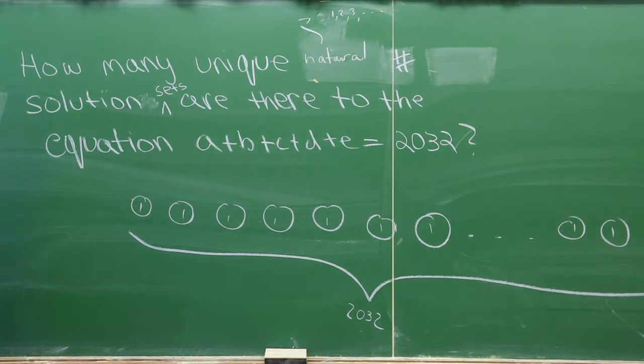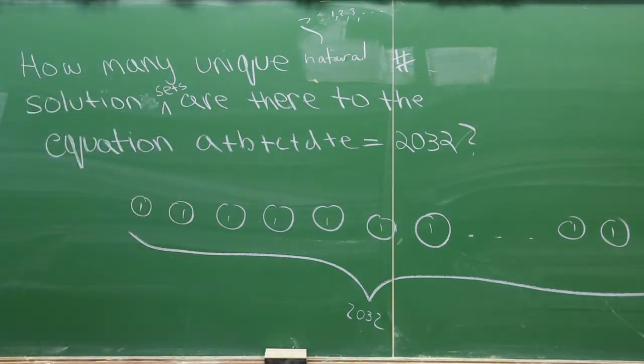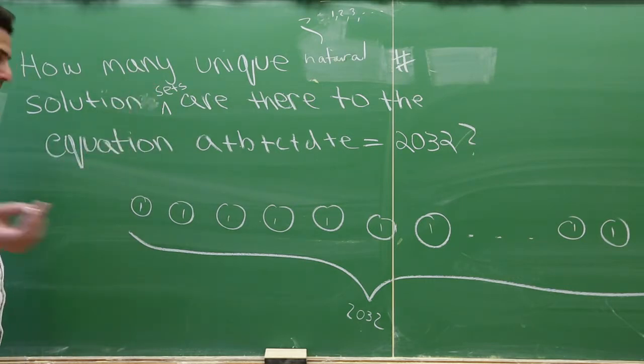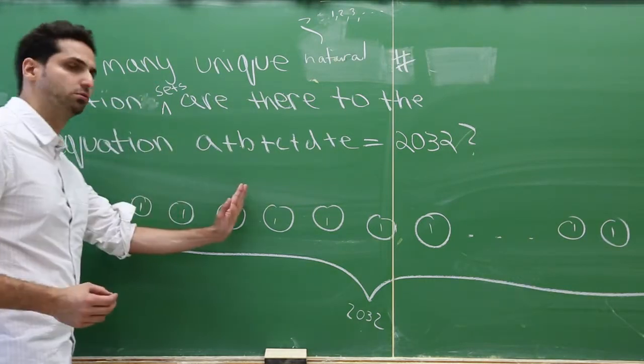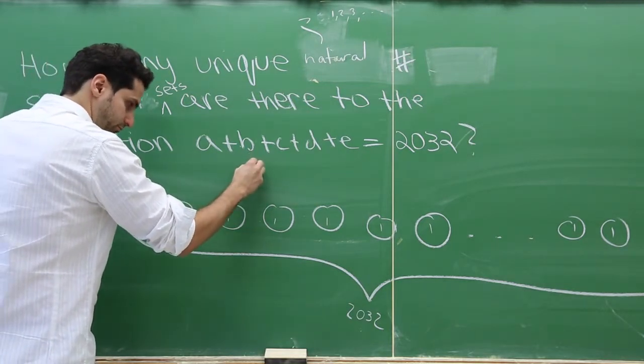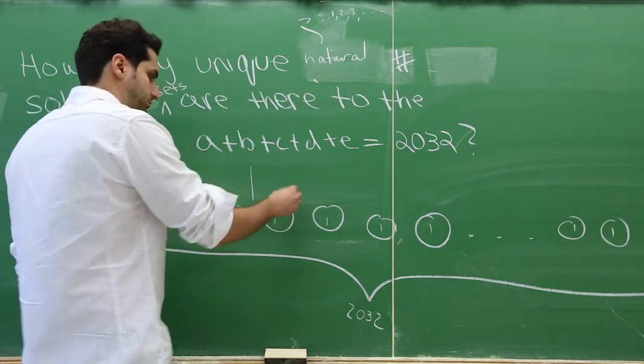All right. And so you could imagine, for example, that I want to let A be 3. Could A be 3? Sure it could. That would mean I would take from here up to there. Agreed? And then maybe B could be 1.